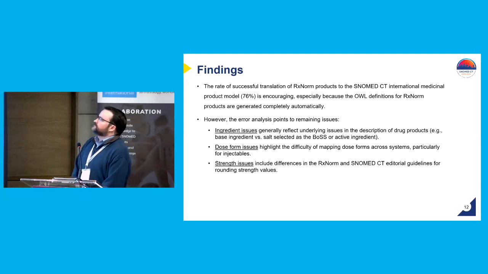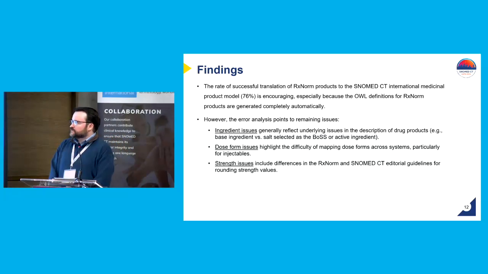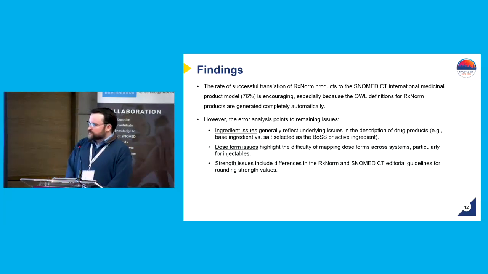Findings. This is very encouraging. We're at 76%, because the OWL definitions for RxNorm products are generated completely automatically. However, the error analysis points to remaining issues mentioned before: ingredient issues, dose form issues, and strength issues.